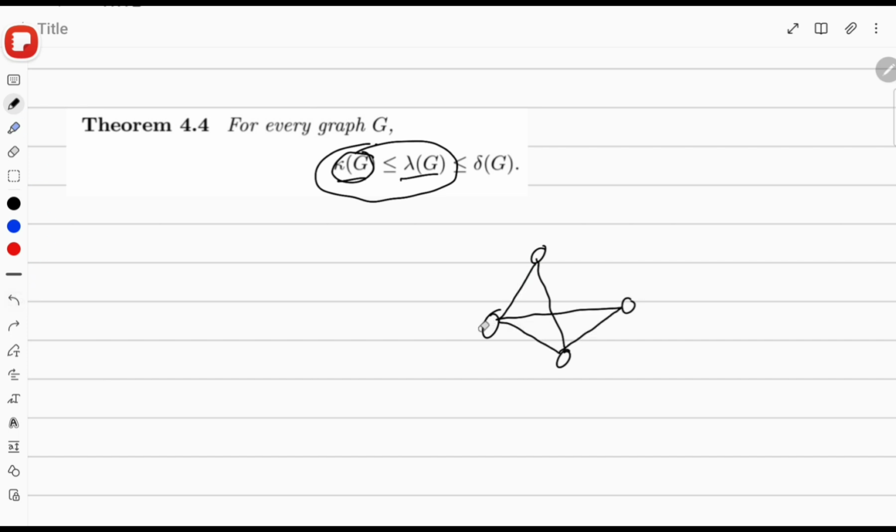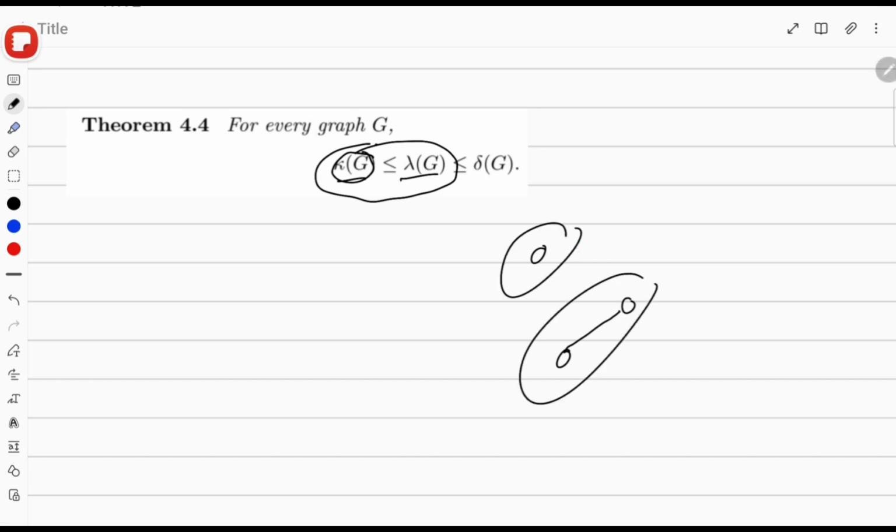Okay, so by removing just one vertex, this will also remove the edges. So the graph is disconnected.